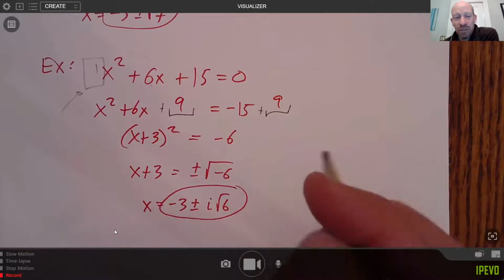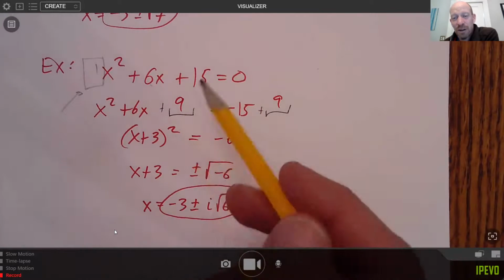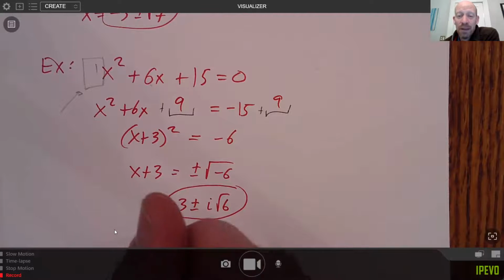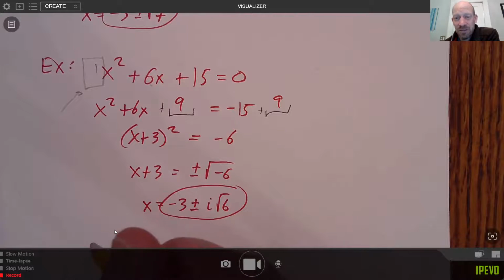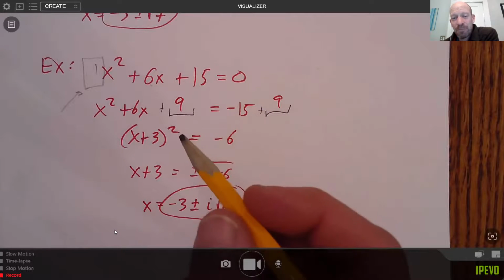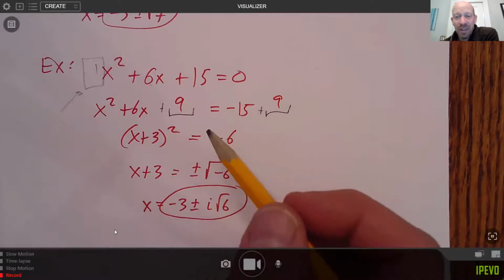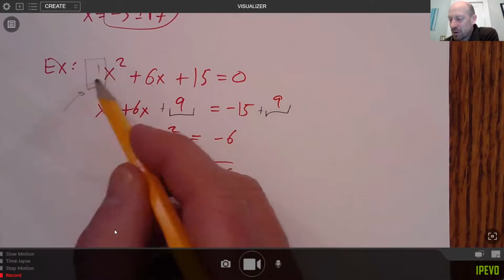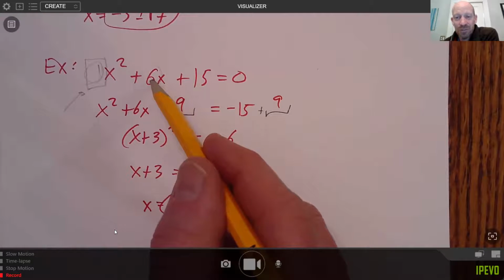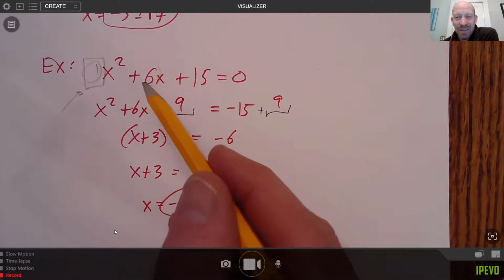I'm going to give you these straightforward versions, because we move on past completing the square. Completing the square is a really good method, but it's a hassle if you have a number here or a messy fraction when you divide by 2. You can do it, but it's a lot of extra work.